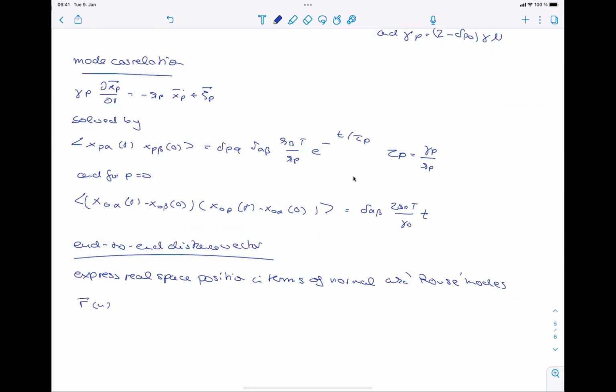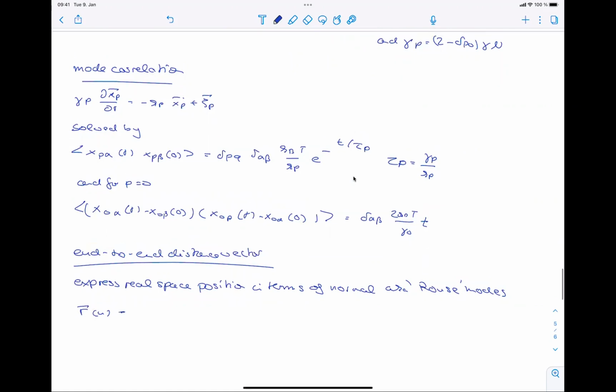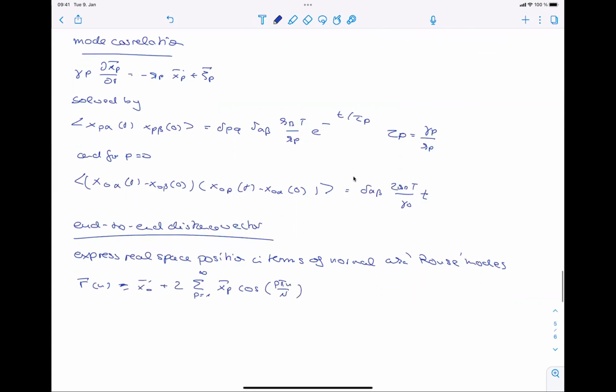So we can now express each real space position as x naught plus 2 and summing over all the modes of these normal modes, and there we go.